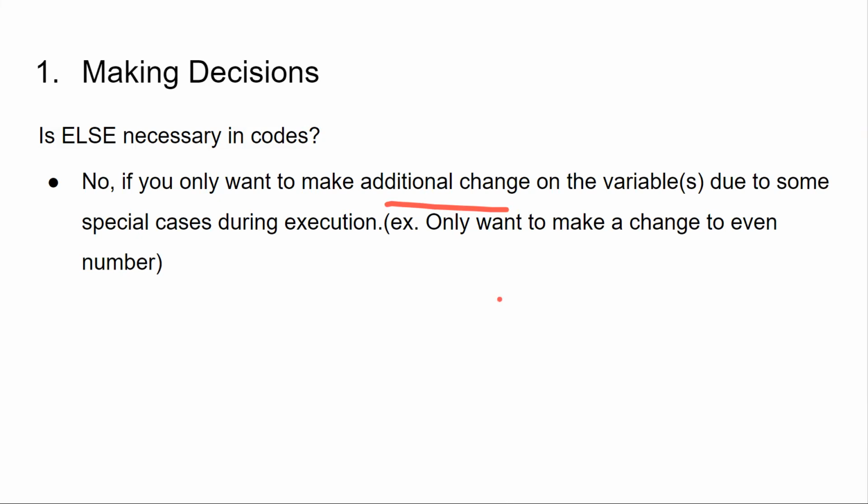For example, if you have even and odd numbers, you only want to make a change on the even number and keep the odd number the same. You say, if it's even, then I make a change, and that's it. You don't actually have to have an else, but maybe you can. It doesn't affect anything, it makes your code more understandable. If you don't have the else, it works the same.